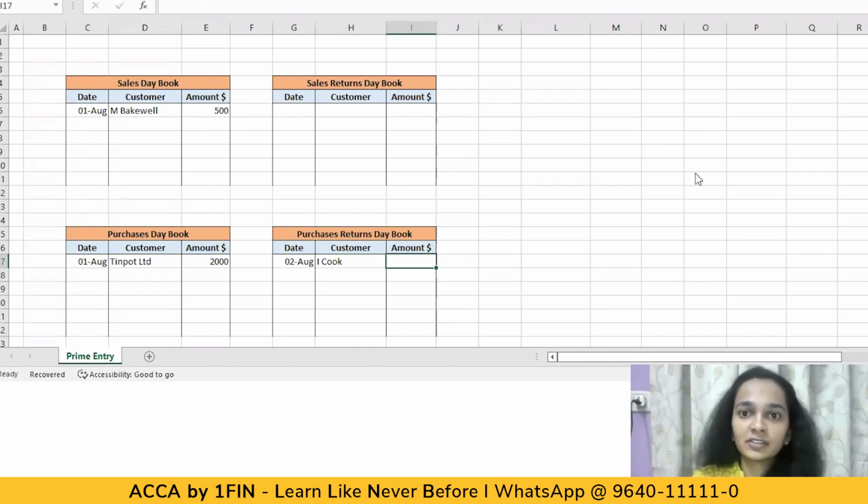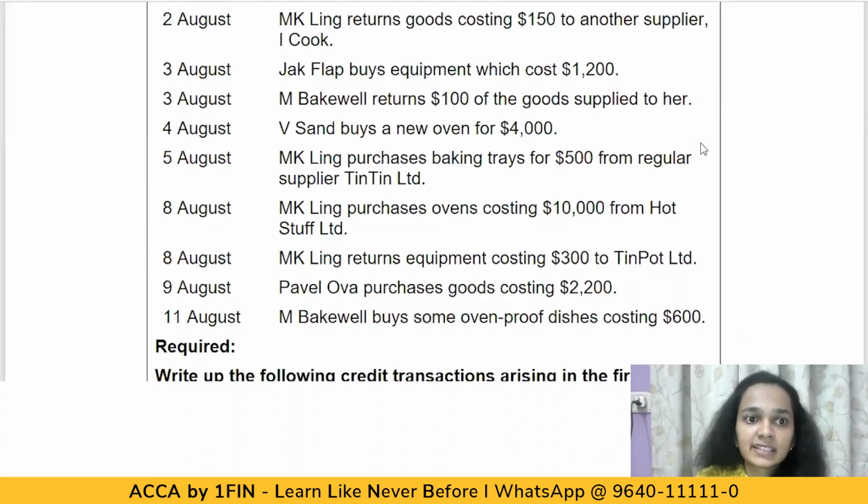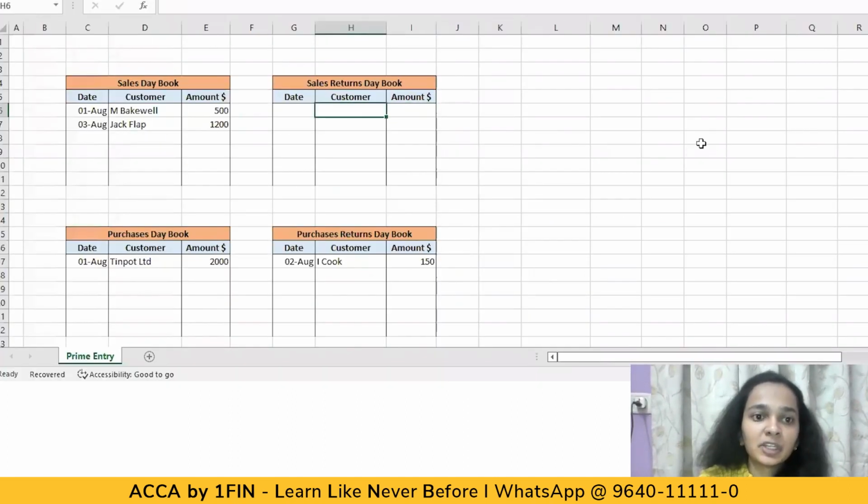Amount here was $150. There was a sale made to Jack Flap. And there was a sale return which was made by M Bakewell of $100. There was another sale made to B Sands, $4,000. There was another purchase made from Tin Pot Limited.